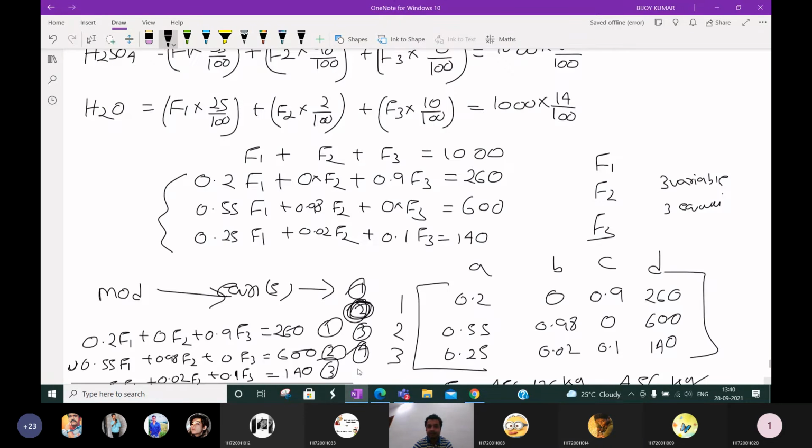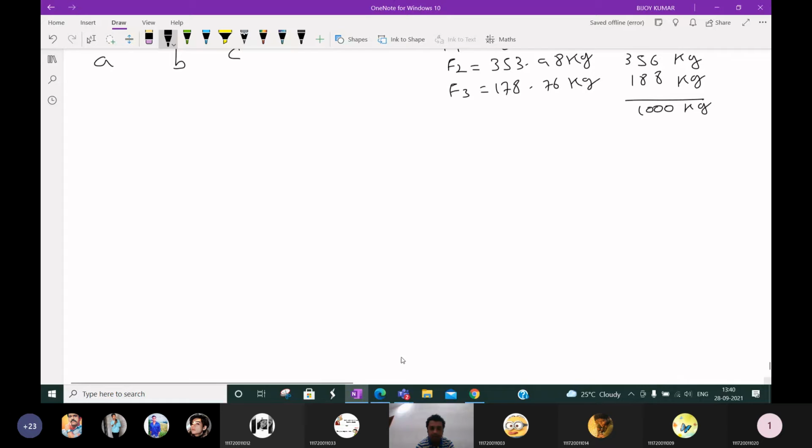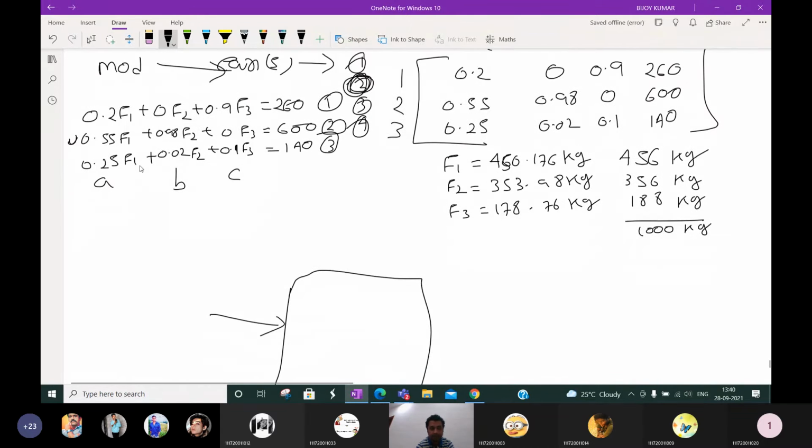Very easy. So what is the conclusion? Suppose we have an acid with this composition: 20% HNO3, 55% H2SO4 and 25% water.